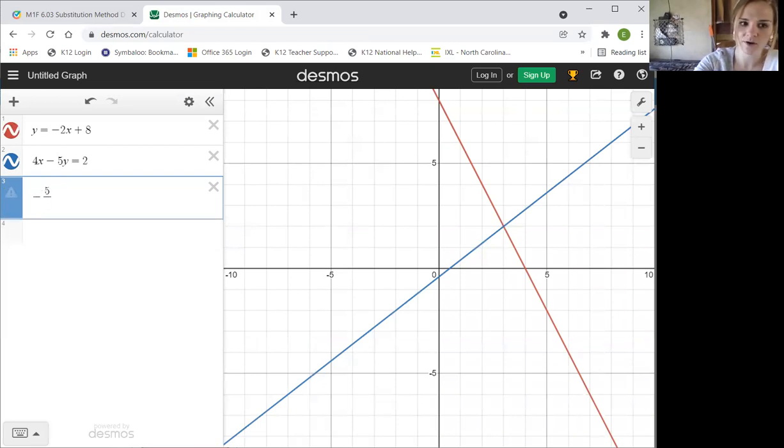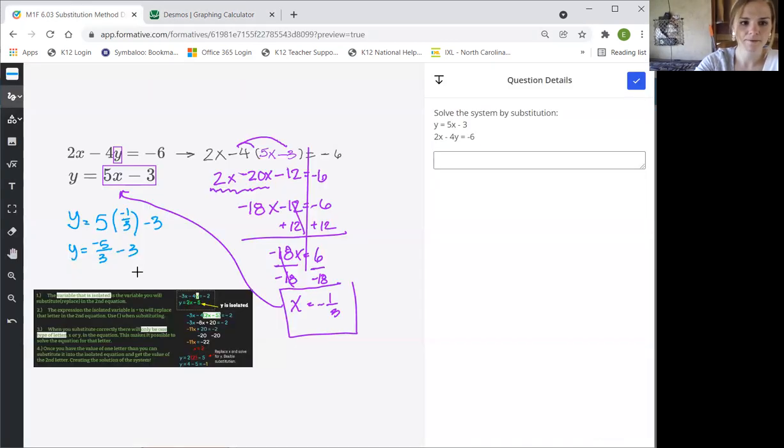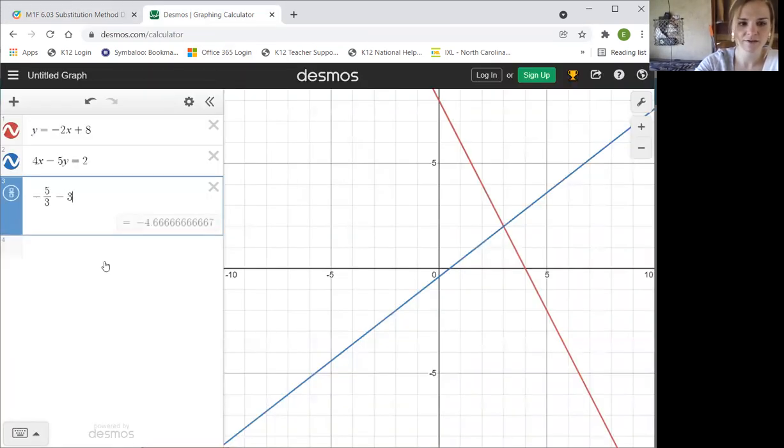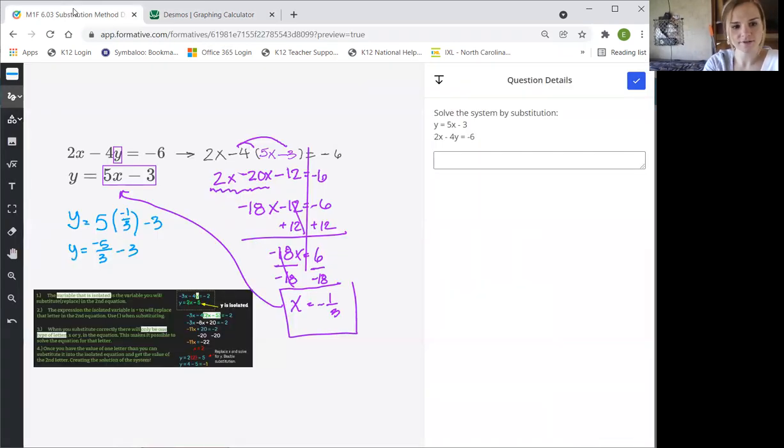So -5 over 3 minus 3 equals -14/3. So we end up with y equals -14/3. Your solution when you write it would be -1/3 and -14/3. So make sure you find both the x and y value.